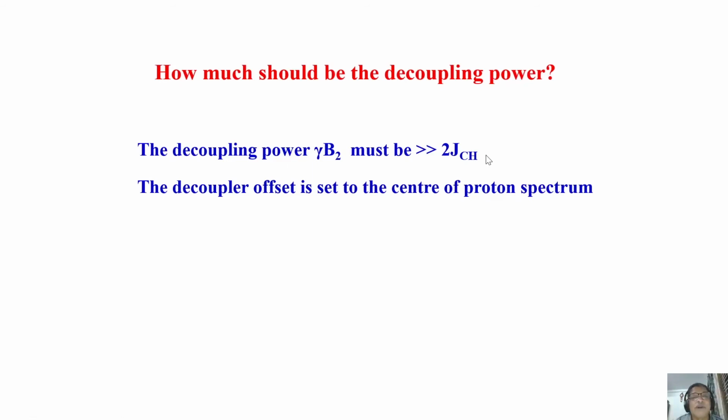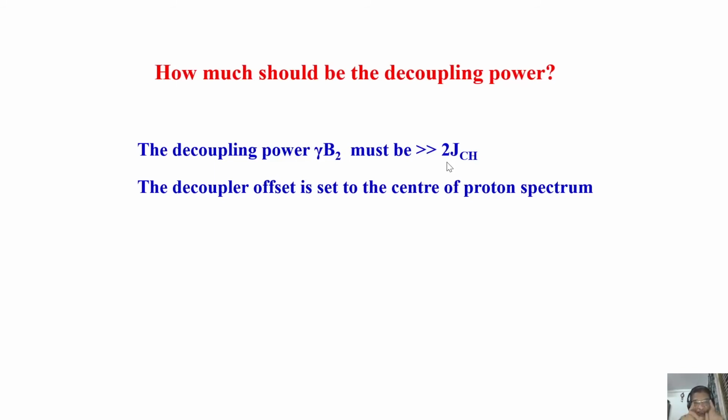If you measure the J coupling between carbon and proton, it can be 100 hertz, 150 hertz, 200 hertz, 250 hertz. Which one do you choose? Choose the power such that it is larger than the largest J coupling between carbon and proton. That automatically means the power is sufficient to decouple all carbons from protons.